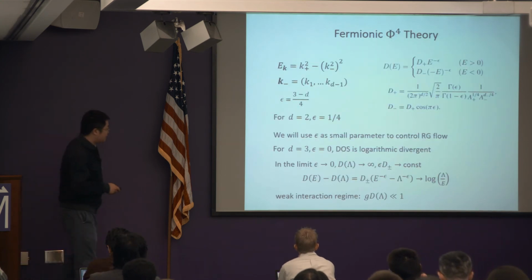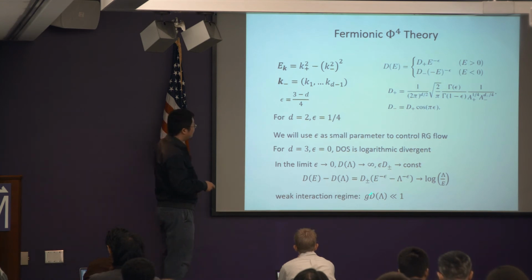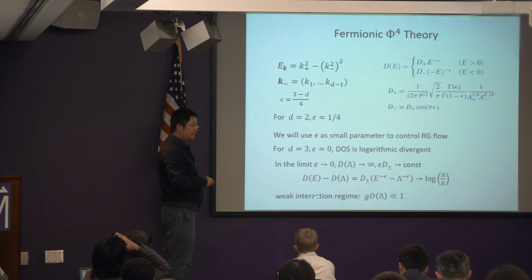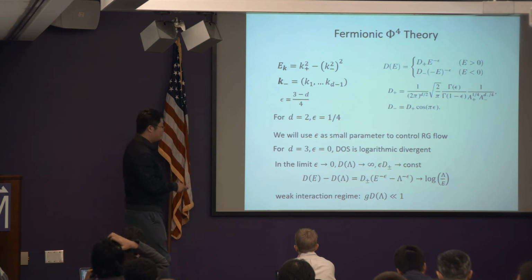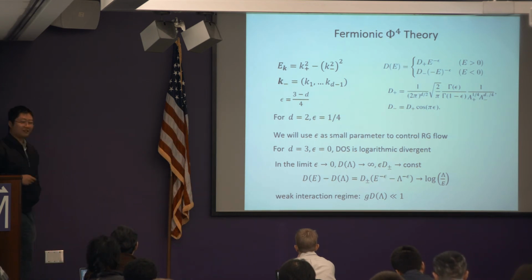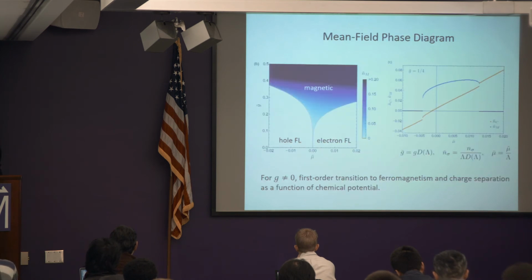So there is a dimensionless parameter which is written here. G is the bare contact interaction. Lambda is the energy cutoff on the order of bandwidth. D is the density of states at that energy cutoff. So I'm always going to work in this regime where this dimensionless interaction parameter is much smaller than 1. This is the regime where the theory is controlled.